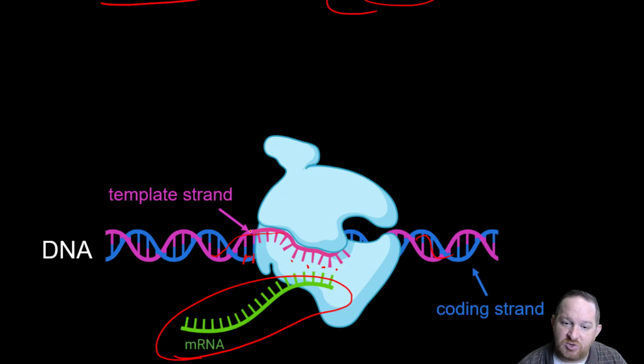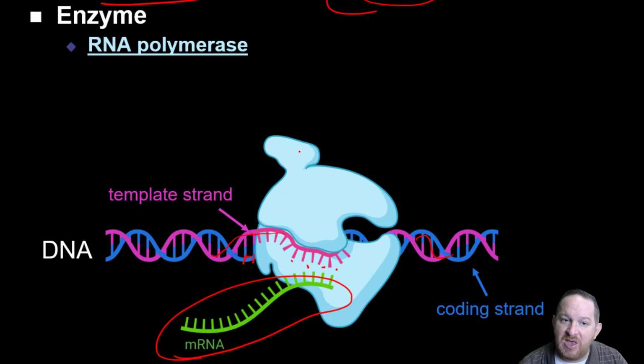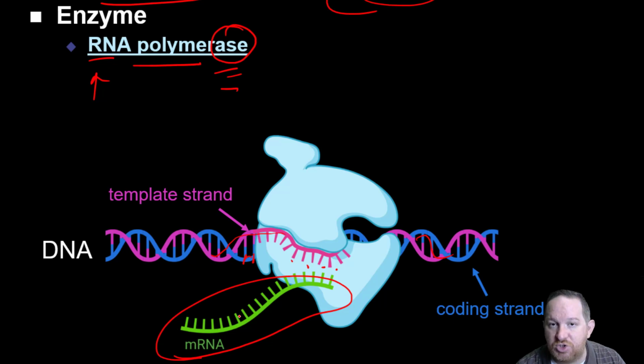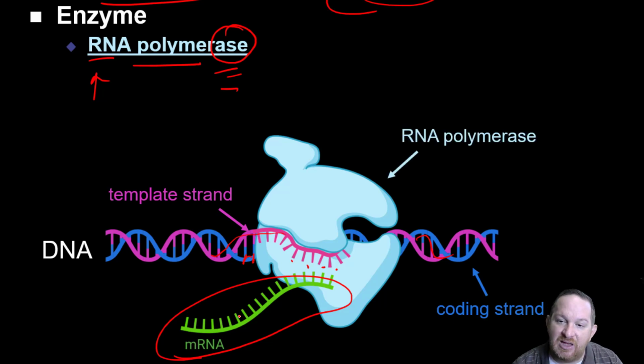All right, so we got the template strand labeled for you, got the coding strand labeled, and this enzyme that's going to do it is RNA polymerase. Okay, so just like we had DNA polymerase, we've also got RNA polymerase, and this enzyme, you know it's an enzyme, it ends in ASE, is what is basically adding these new nucleotides to this growing messenger RNA strand, making the new RNA polymer. And you can see that labeled for you there, RNA polymerase.